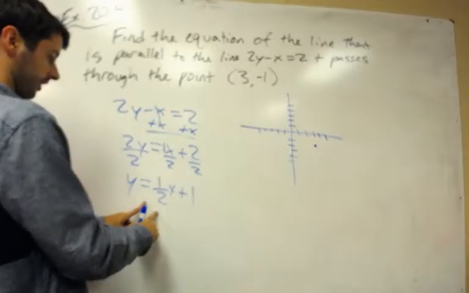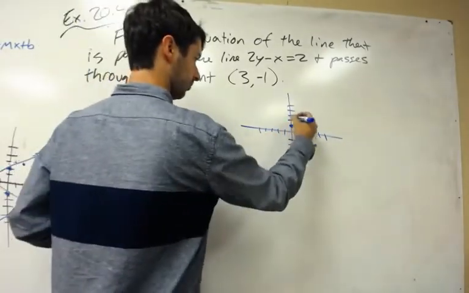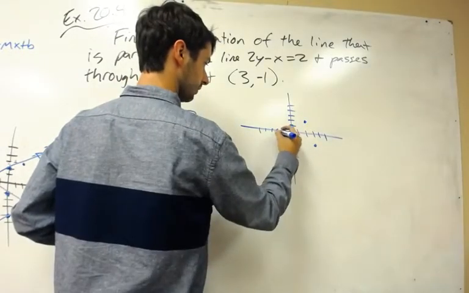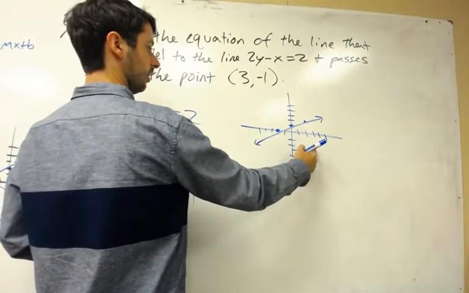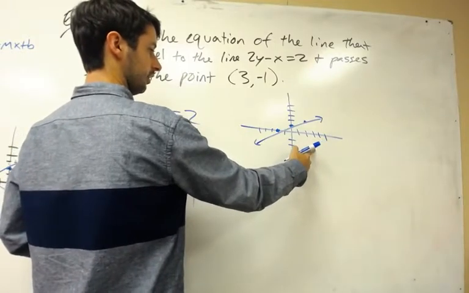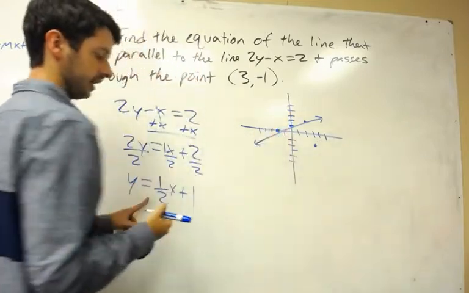This line, if I graphed it, would be at 1 and then up 1 over 2. Notice it does not go through this point. However, we're trying to make this line parallel to here. So how do we do that?